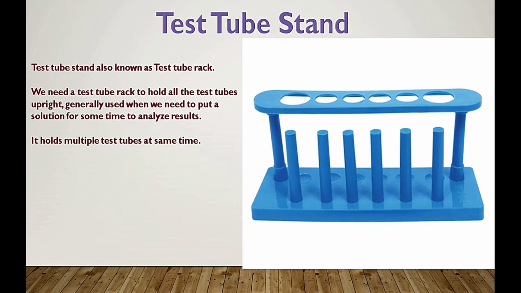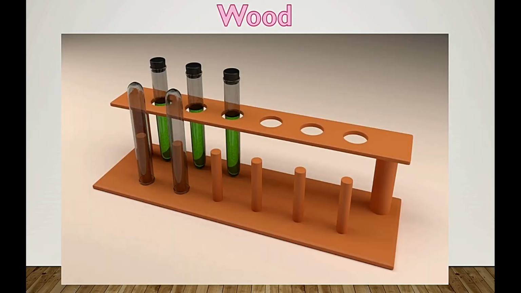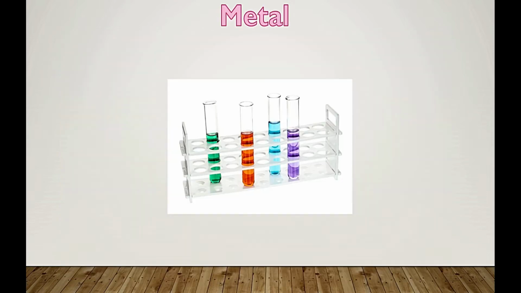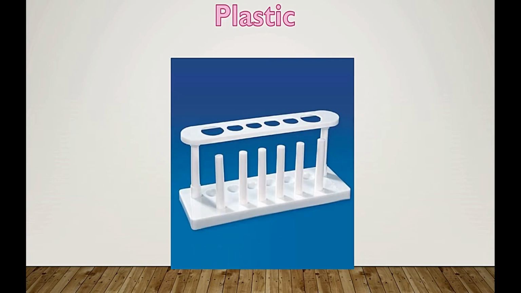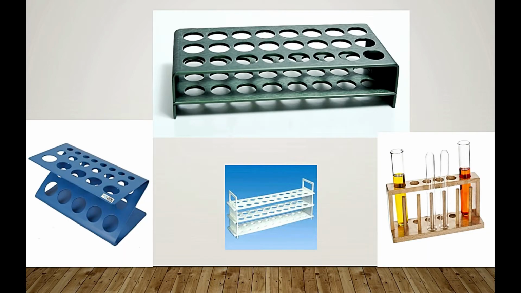In this picture, you can see 6 test tubes it can hold with solution and 6 test tubes it can hold inverted without solutions. It comes in different materials, like this is an example of wooden test tube stand, this is metallic test tube stand, and this one is plastic test tube stand. It also comes in different designs and shapes according to the use.